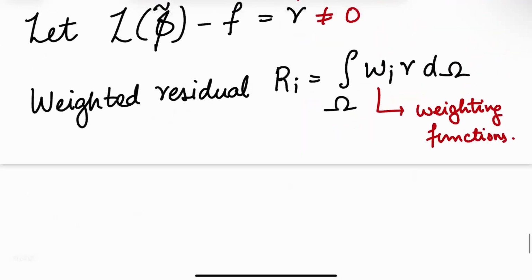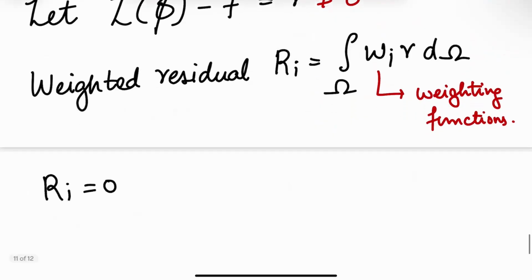Of course, now you want this residual Ri to be 0, right? So if I have n different weighting functions, I have n different Ri's, and that gives us n equations, right?